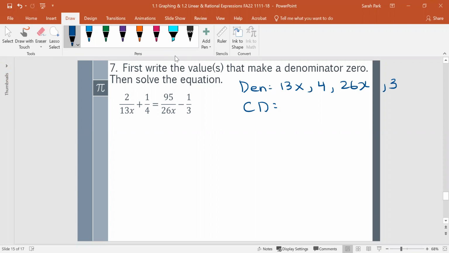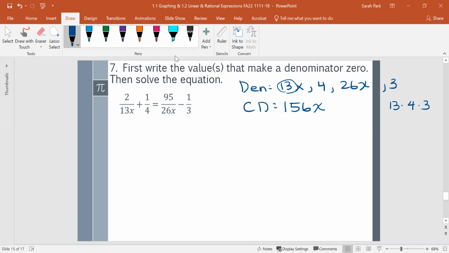Okay, so I'm multiplying 13 times 4 times 3. It's going to give me 156. And I believe 156 divides 26 as well. Okay, it does. 156 divided by 26 is 6. So 156 divides all these numbers evenly. And then because there's an x term, our common denominator is also going to have x.